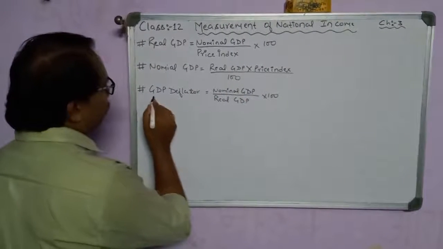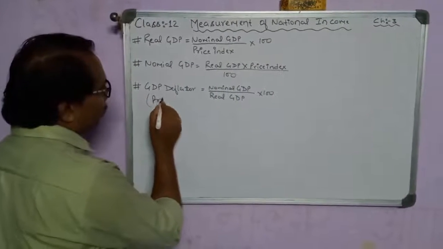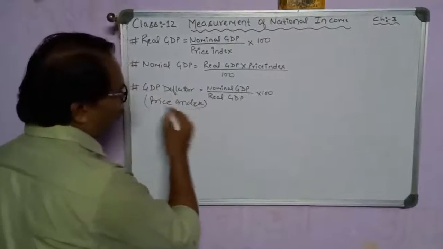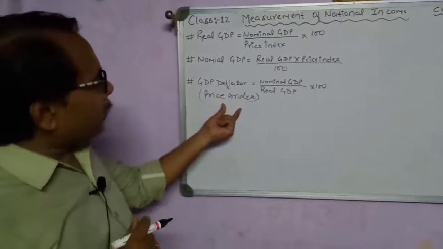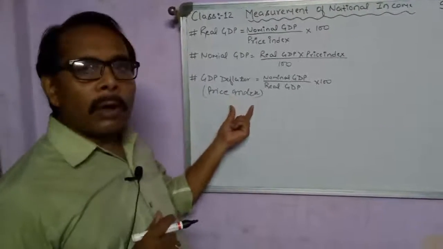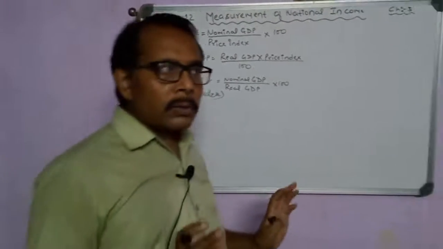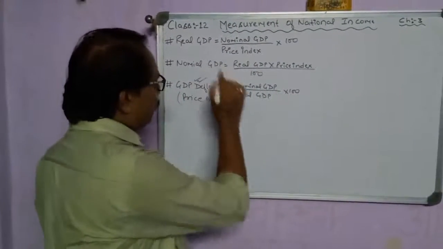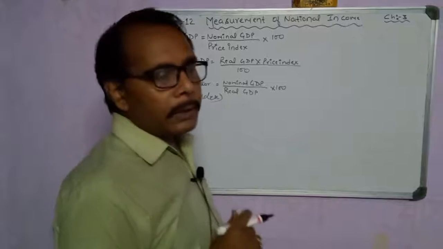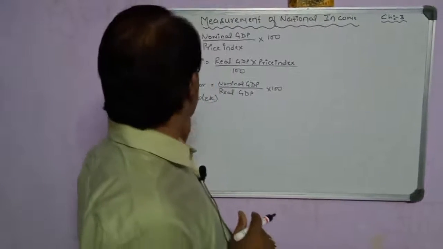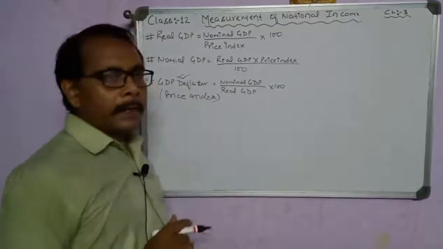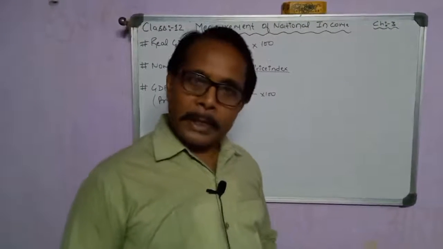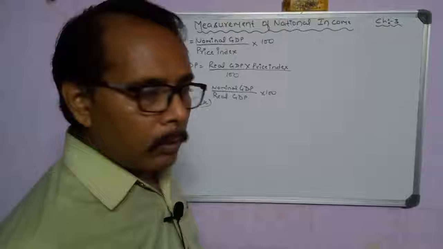GDP deflator is also known as price index. Price index means what? It measures the average price of all goods and services. So average price indicates the GDP deflator. That's why I told you the price index or GDP deflator is suitable in the determination of GDP. Is it clear? Okay.